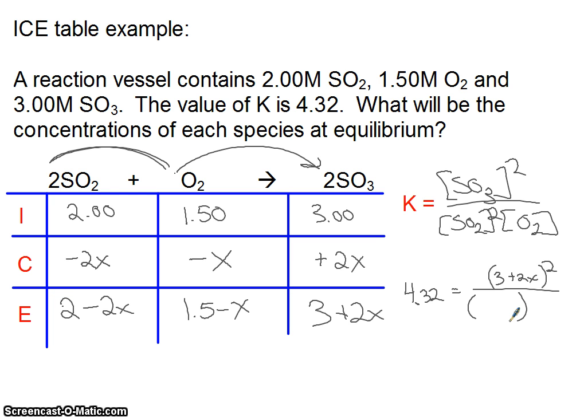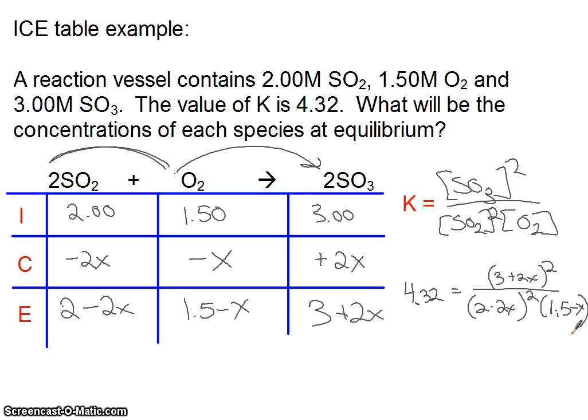For SO2, I know it's (2 minus 2X) squared, and for O2, it's 1.5 minus X. Now, if I can solve for X, I can plug X back in and figure out what the concentrations are at equilibrium.